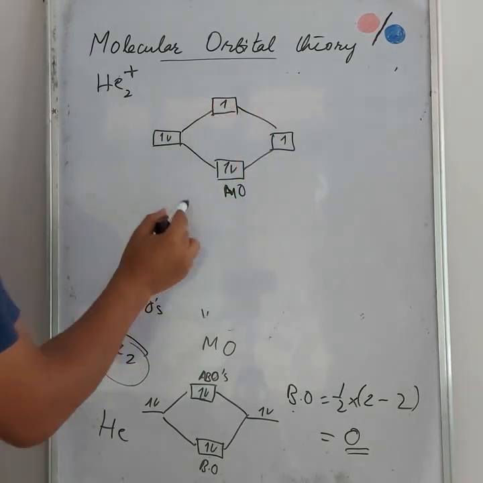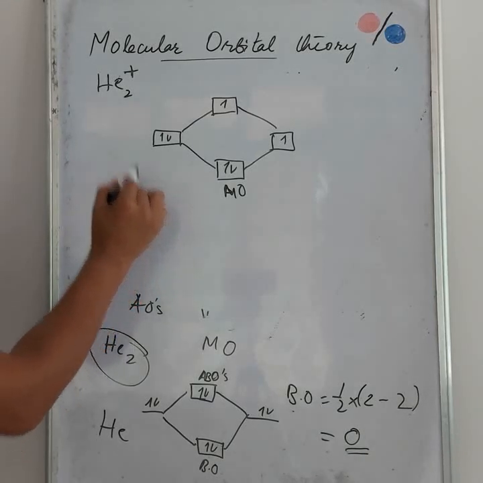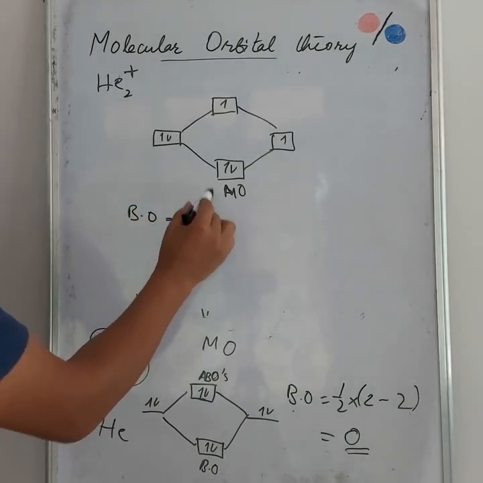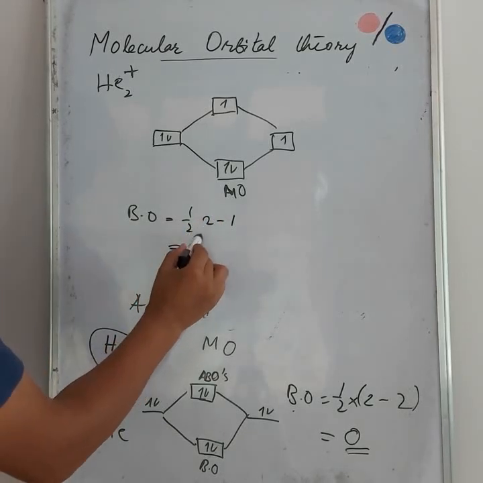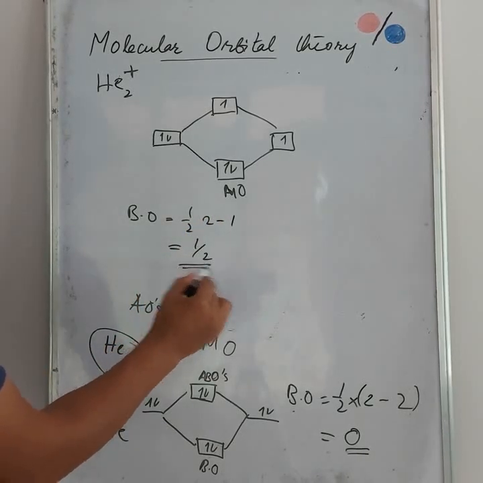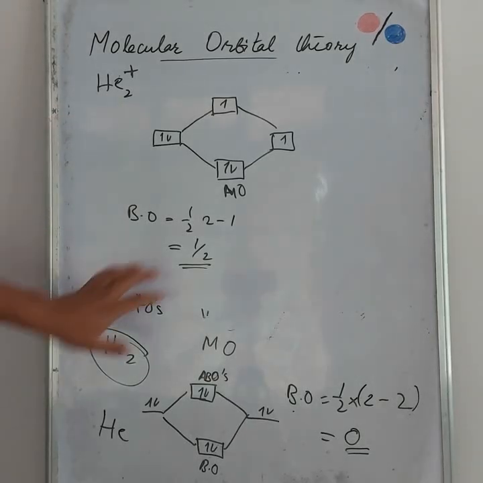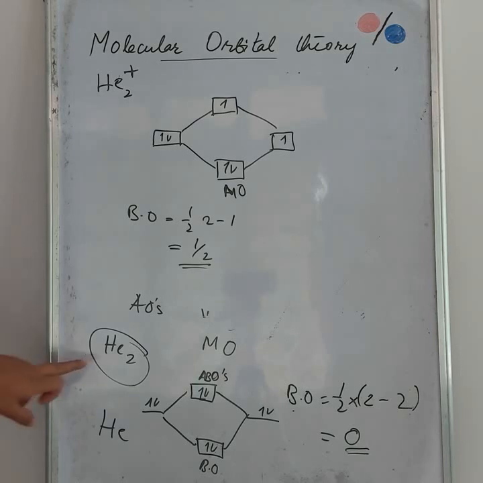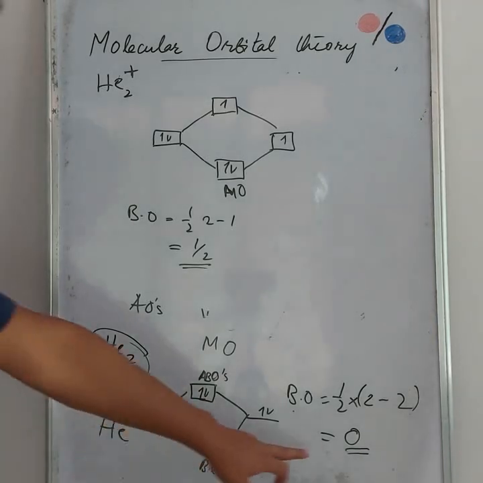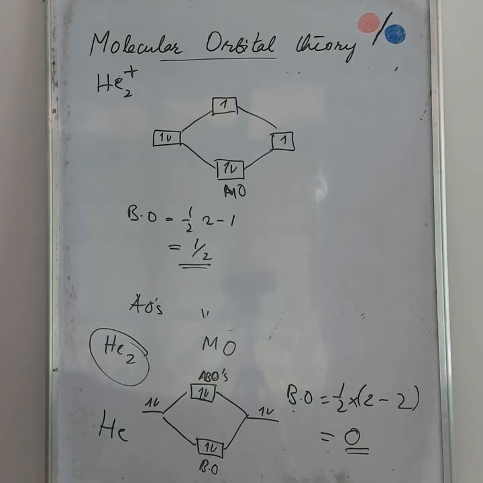The bond order for this helium ion is half into 2 minus 1, so 2 minus 1 is 1, so half. The bond order is half, which means the helium ion can exist theoretically because it's not zero. But in the case of the helium molecule, the bond order is 0, meaning no bond between the two helium atoms, so the helium molecule does not exist. That's how we can prove whether a molecule will exist or not through molecular orbital theory.